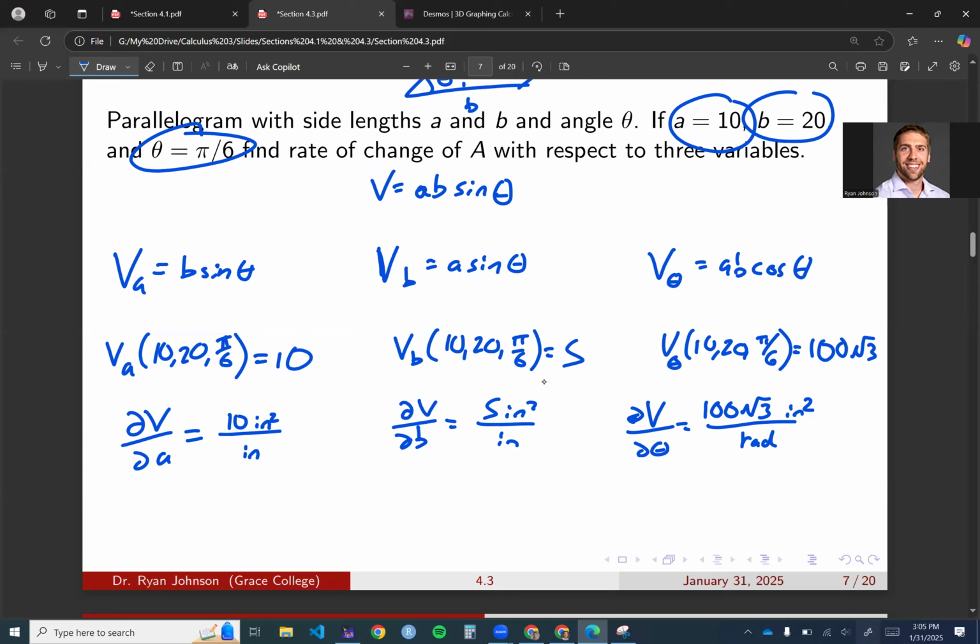So this is great for when you've got lots of formulas that describe things and you want to ask how changing one little input would change the output.